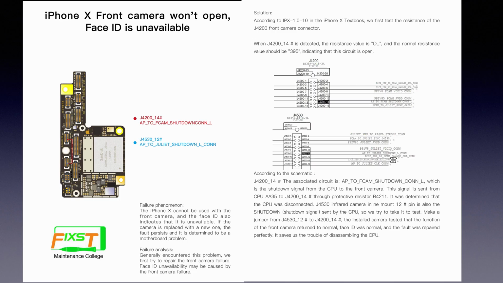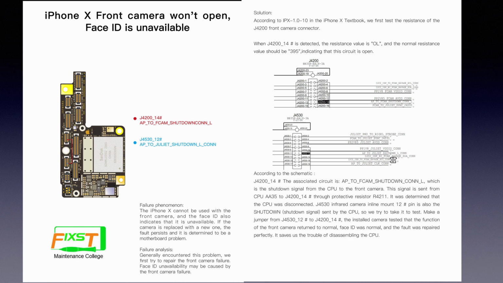According to the schematic, we can find out the 14 pin circuit is AP_TO_FCAM_SHUTDOWN, which is the shutdown signal from the CPU to the FaceTime camera. This signal is sent from the CPU AA135 to the J4200 14 pin through the positive resistor R4211.